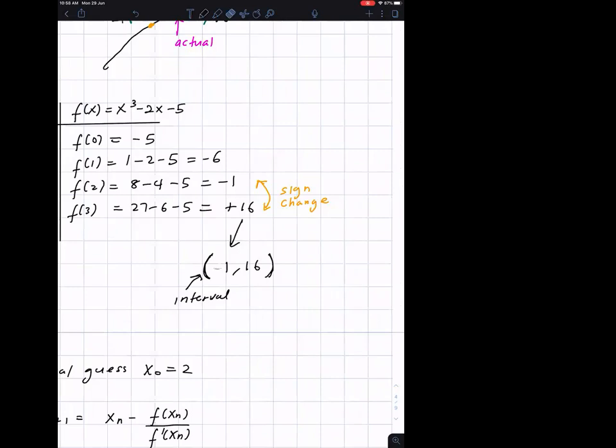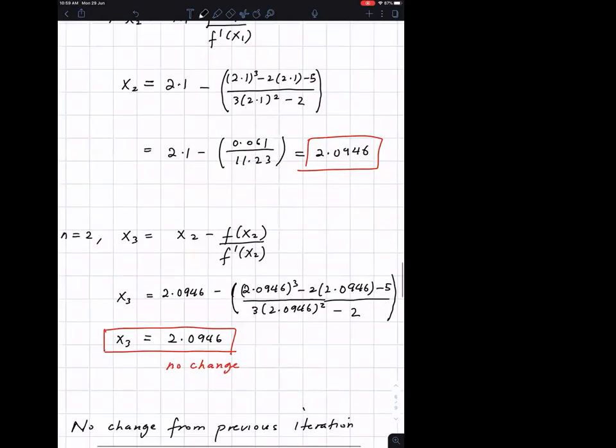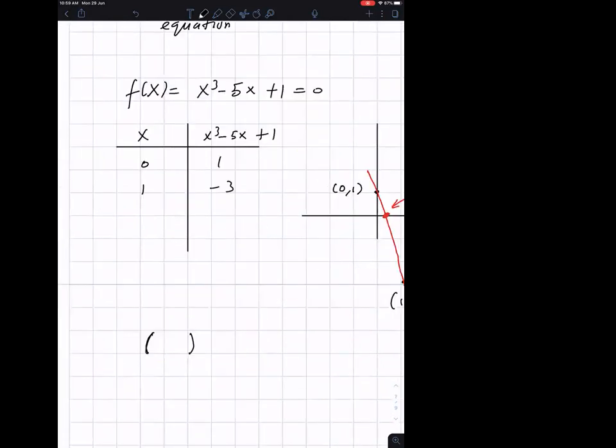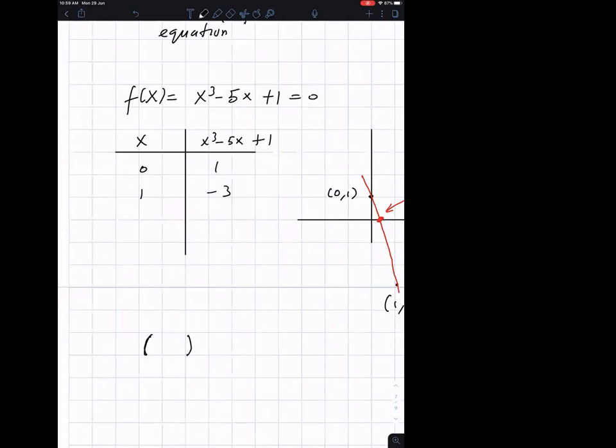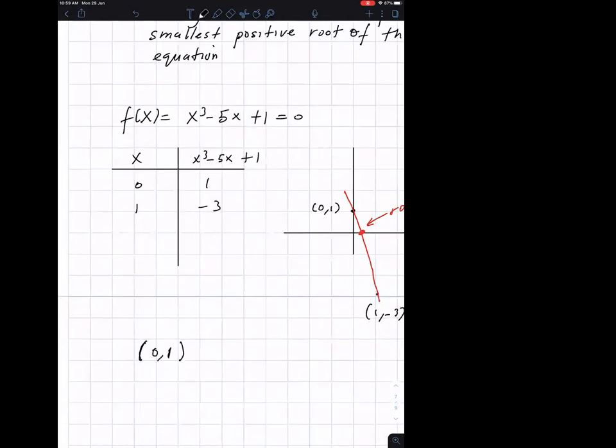Oh, okay, I apologize for this. The interval is 2 and 3, x values. So what is the interval here? Is it 0, 1, sir? Good. So the interval is 0 and 1, because in this interval the y value sign is changing.